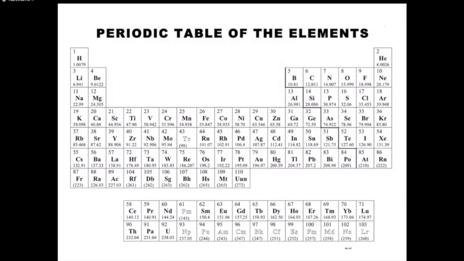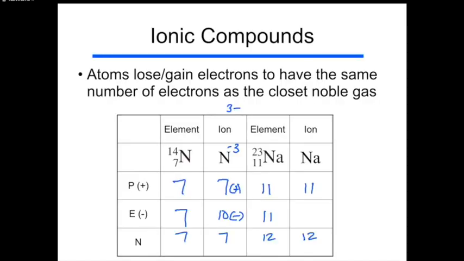Sodium is 11. I could go all the way up to argon, number 18, or I could go to neon, 10. I would have to gain 7 to become like the number represented by argon, and I only have to lose 1 to get to the number that looks like neon. And going to 10 is much easier.